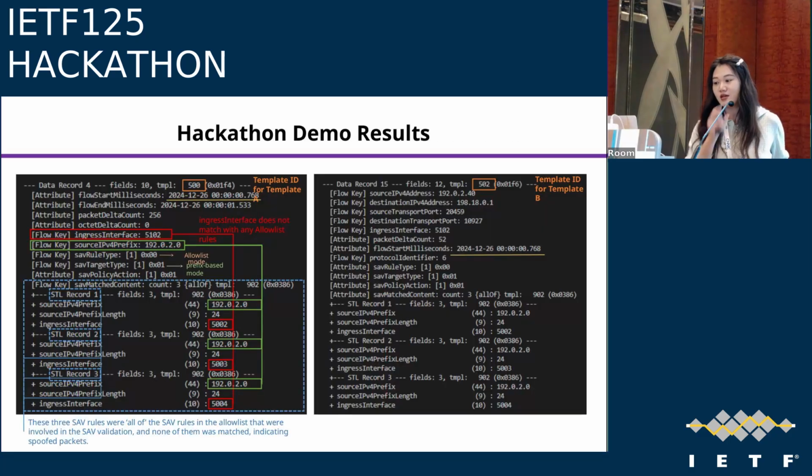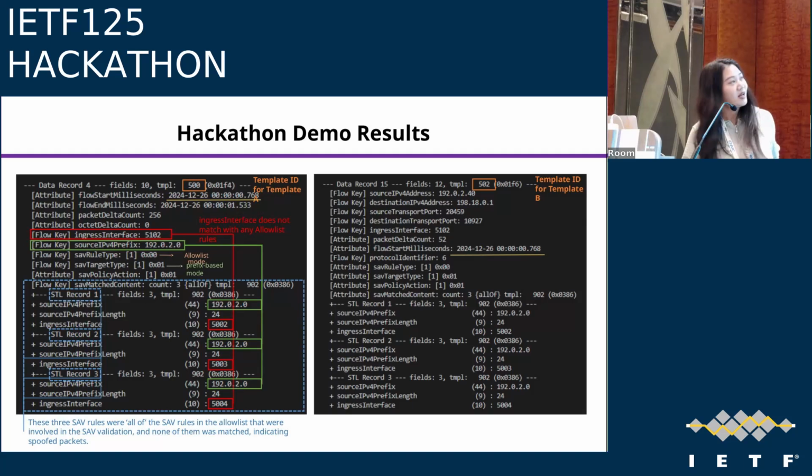Here are the demo results. In the first data record, we see that on interface 5102, 256 packets were dropped. Why? Because no sub-rule in the allow list matches the interface. So we export all these sub-rules to show the operators the evidence for why the flow was dropped.